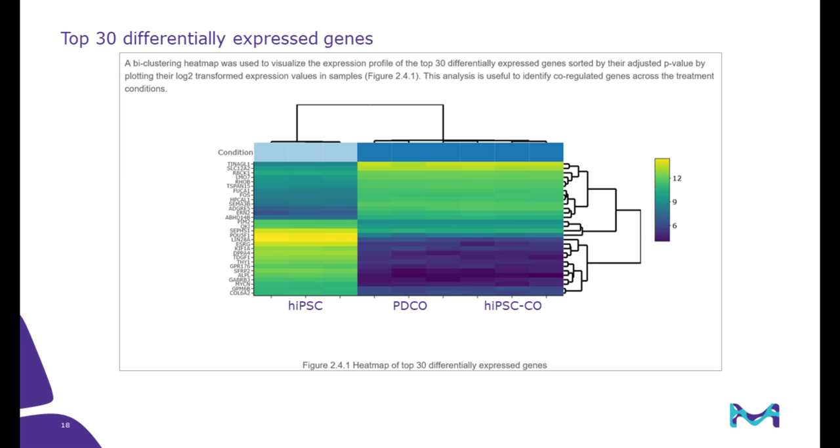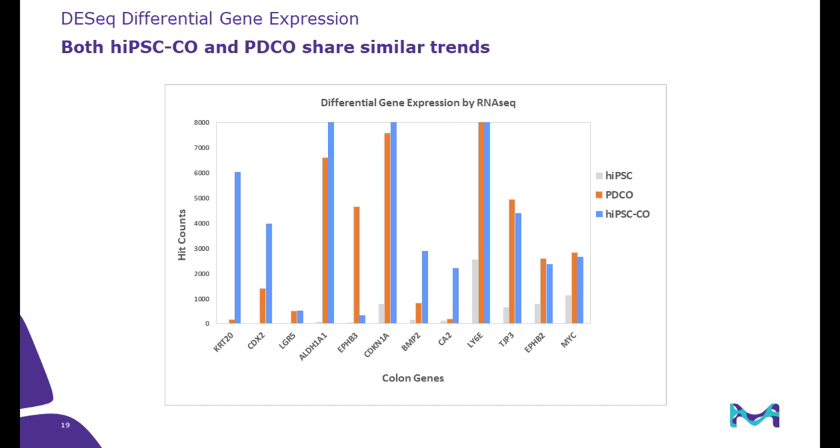Their expression patterns are very similar to each other, but are very different from the iPS cells. Besides the top 3 differentially expressed genes, both iPS-derived colon organoids and patient-derived colon organoids share similar expression trends of some of the colon genes as shown in this graph.